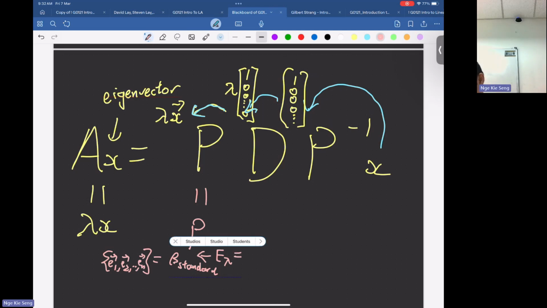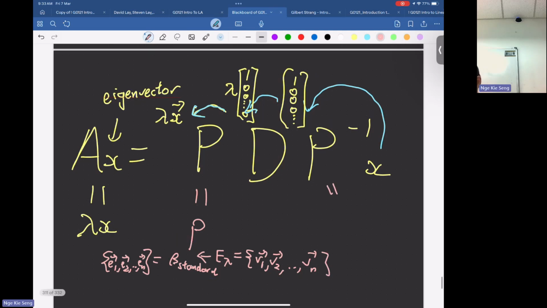And then the eigenbasis is V1, V2, and so on. And then P inverse is the other way around, from the standard basis to the eigenbasis.